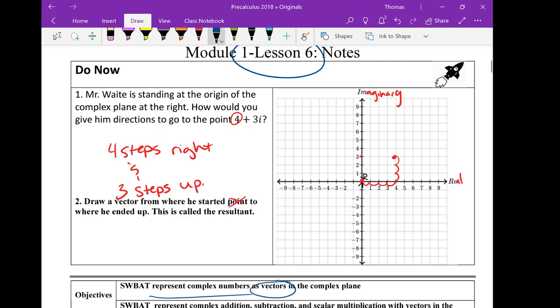I'll sketch that vector in now, drawing it as an arrow. What we want to establish in this lesson is that this blue arrow, which tells us we started here and overall ended up there, can be thought of as a set of directions: go 4 steps right, then 3 steps up, and that blue vector tells you where you'd end up after you go that far.